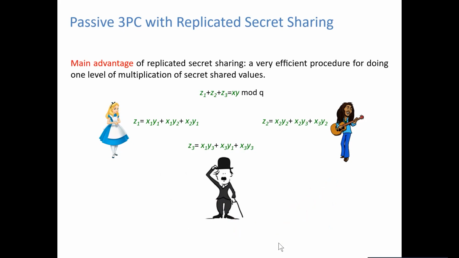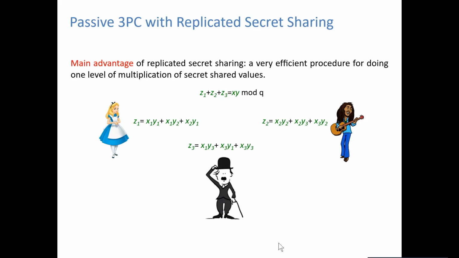But look, now they have computed one level of multiplication without doing any kind of interaction, right? But the main thing here is that they don't have replicated secret shares anymore. They have additive secret shares. So they did, kind of for free, one level of multiplication, but by changing from replicated secret sharing to additive secret sharing.